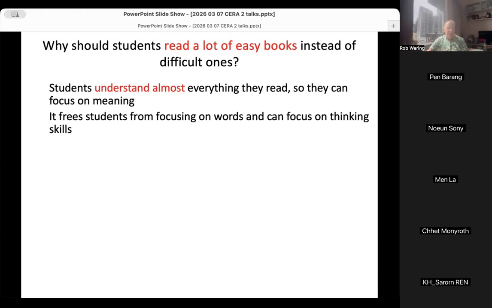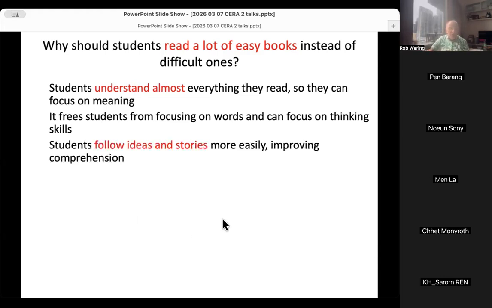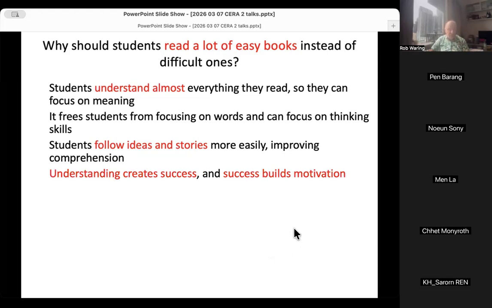It frees students from focusing on individual words. The students will follow the ideas and the story, and that would improve comprehension. Improving comprehension creates success, and successful reading experiences build motivation. And motivation is a huge problem for students who've only ever done study reading.